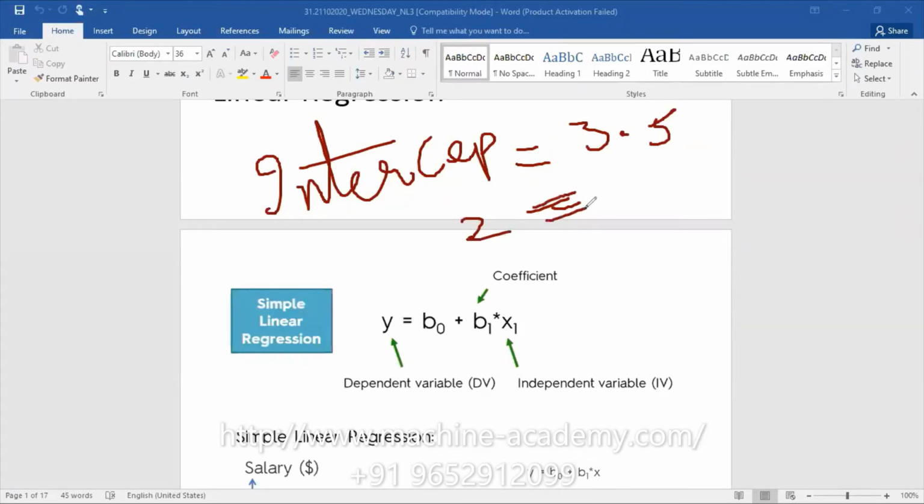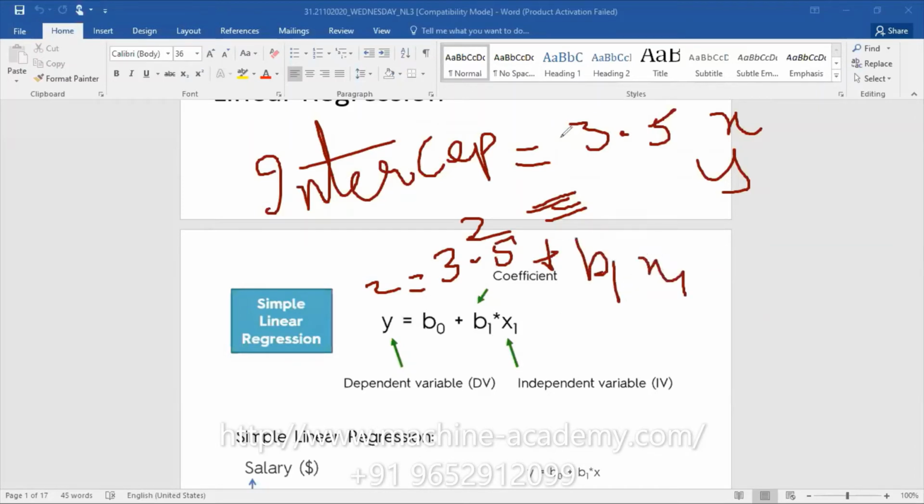Okay, 2 years of experience. This one is an x variable, this is a y variable. Okay, now y equal to 3.5 lakh plus b naught we need to identify of x1.